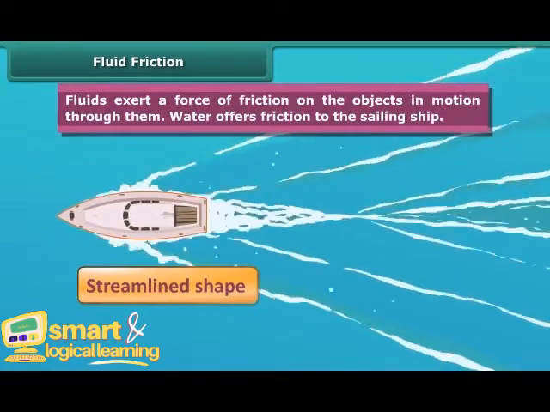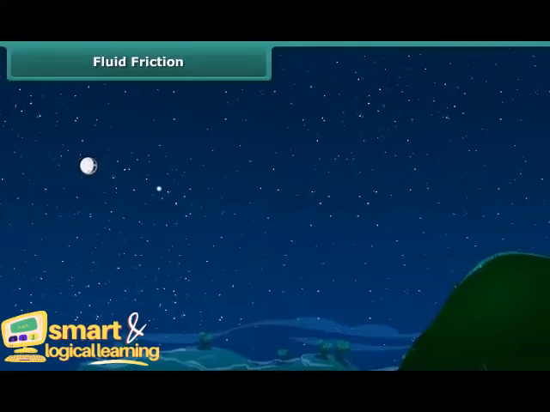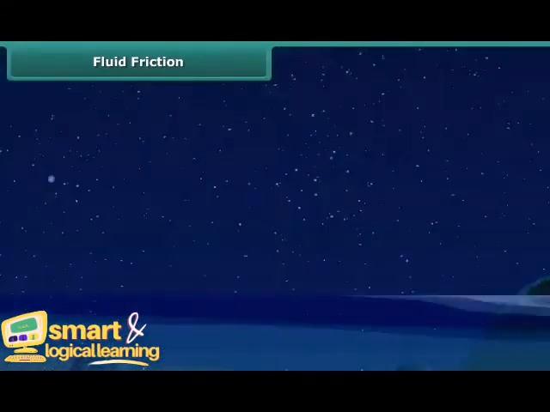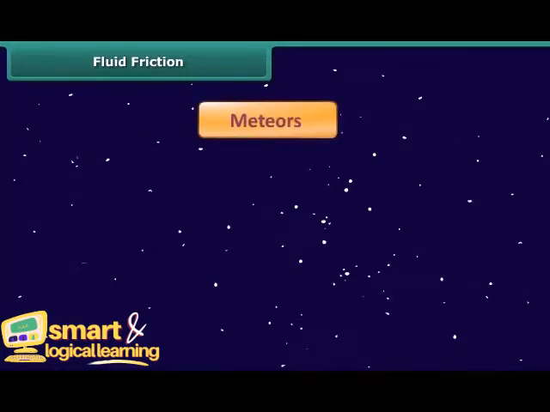Water offers friction to the sailing ship. In a clear night sky, shooting stars can be seen. These are small pieces of rock material floating in space called meteors. Do you know why it catches fire?